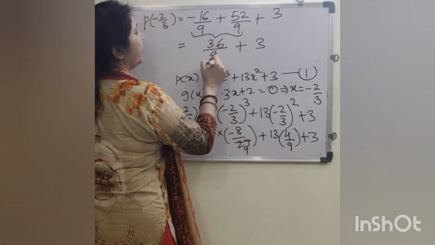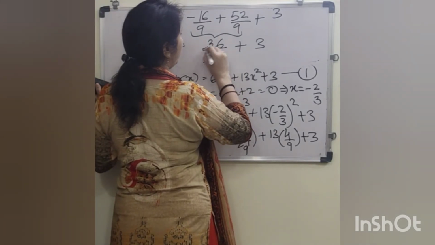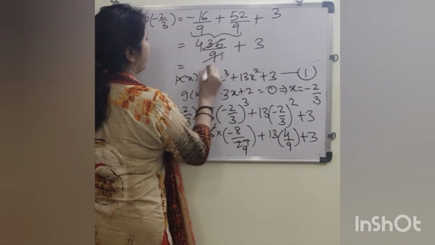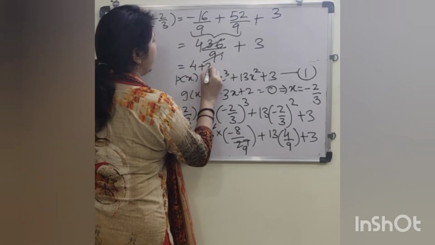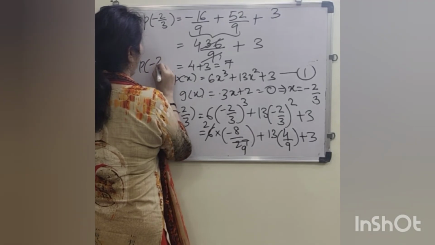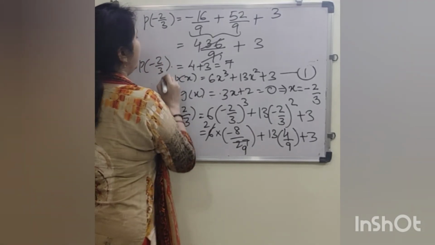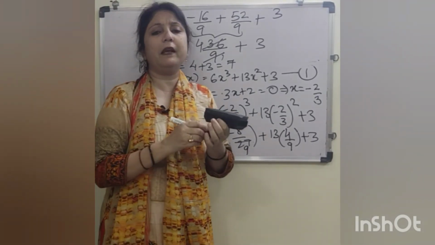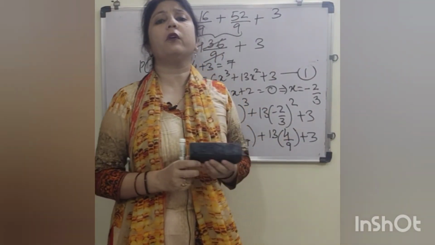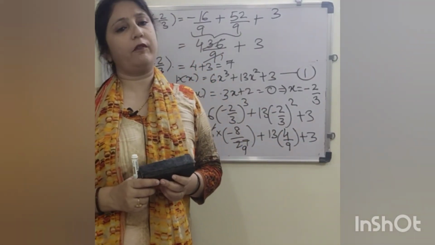We have got 36 over 9 plus 3, so 9 4s are 36, and again your remainder comes 4 plus 3, that is 7, P of minus 2 by 3. That means when polynomial P(x) is divided by 3x plus 2, your remainder comes 7.